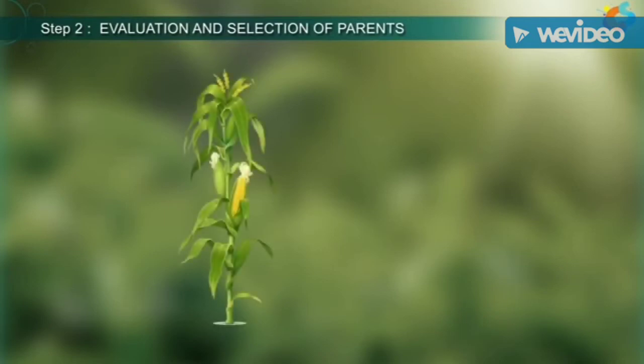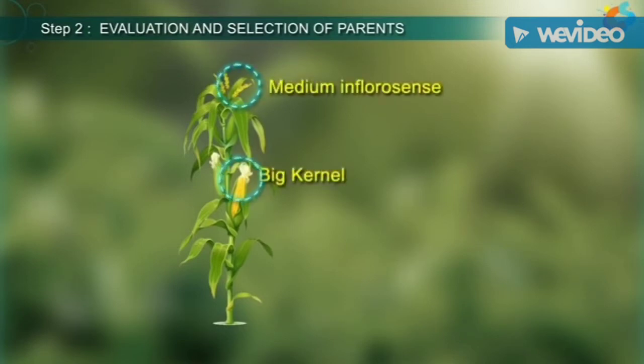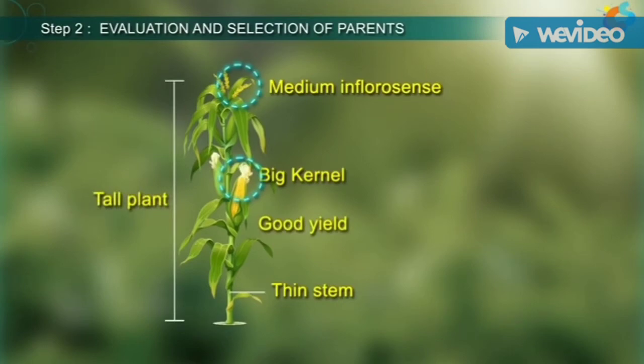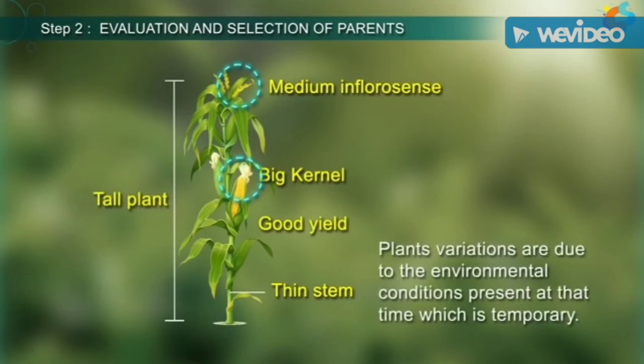When varieties were first collected, it was completely based on easily distinguishable characters. However, plants' variations are due to the environmental conditions present at that time, which is temporary.